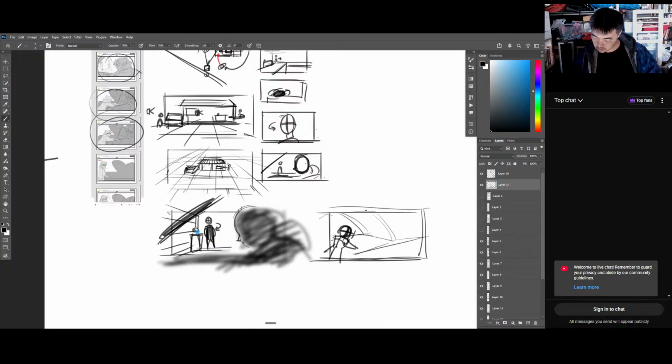She turns. And what happens here is that we cross the 180.